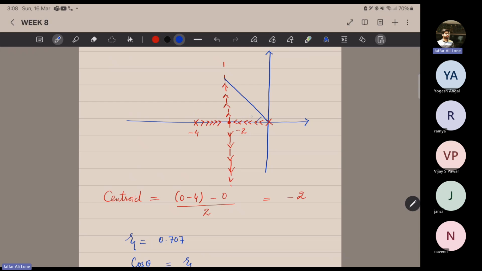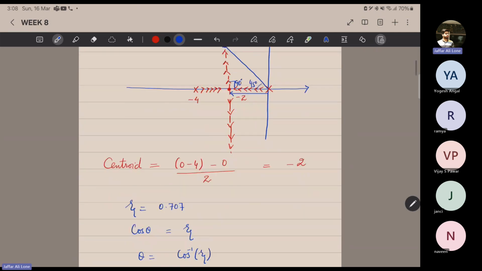So this is 45 degrees. Now, how can I find the value of gain K? Can we find this point, the intersection of this line with the root locus? We know this part is 2 and this is 90 degrees.